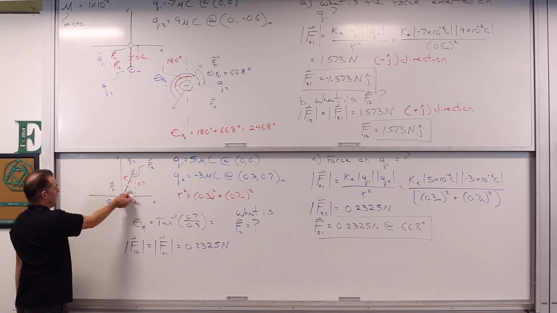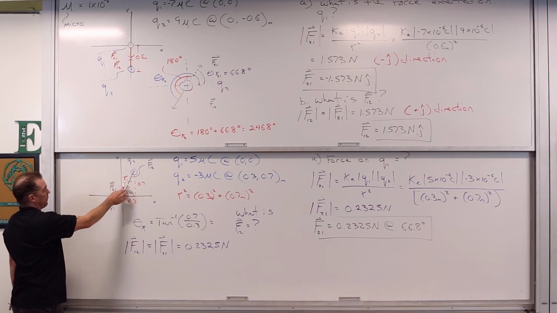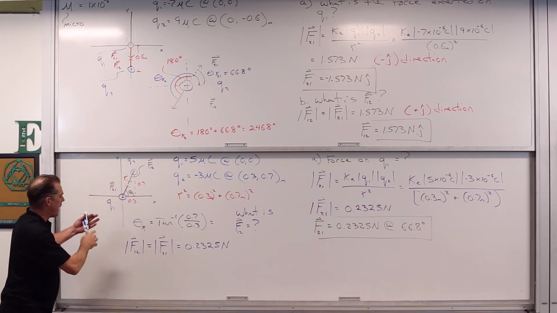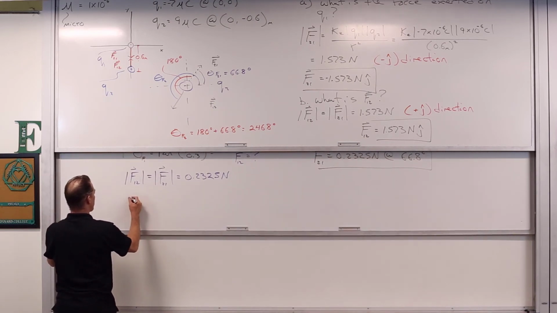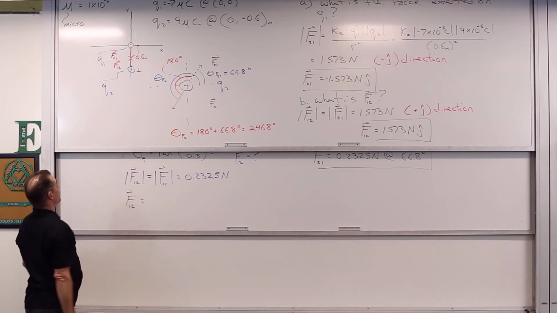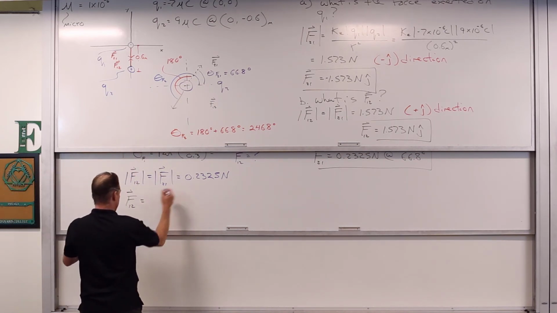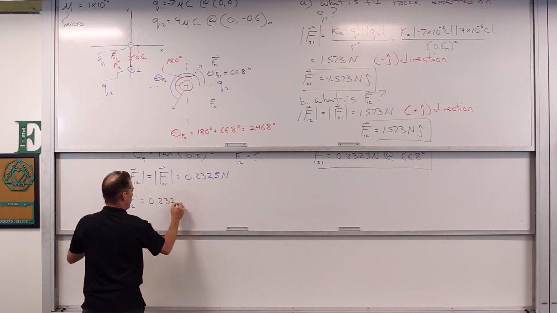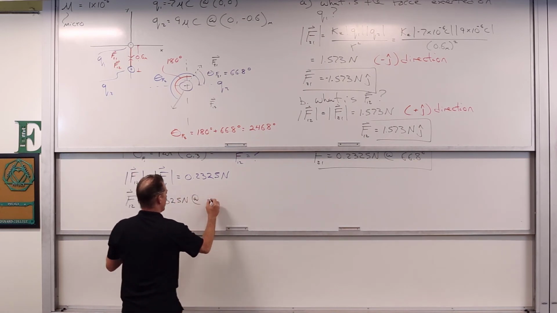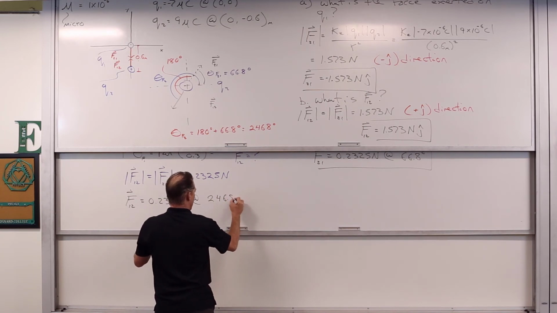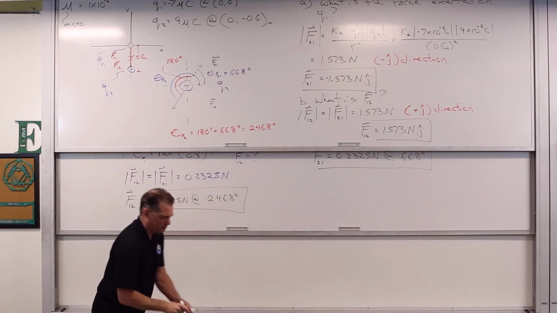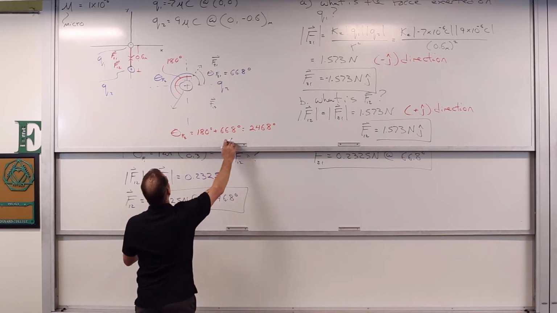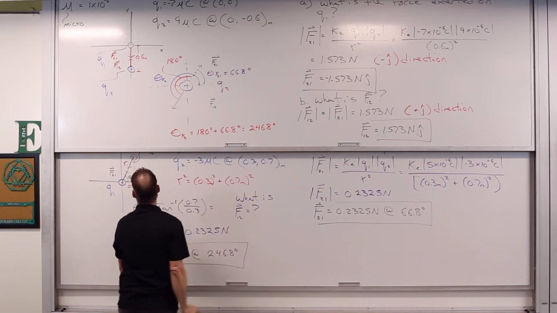Just like this one, it's in the first quadrant, so it seems reasonable that it's 66.8. It's always good to go back and look. But nonetheless, we've got ourselves this F12 hat, the force that Q1 exerts on Q2, is equal to 0.2325 newtons at 246.8 degrees. If we're doing three significant figures, you can round that up to 247, but I go ahead and keep the 0.8 there. And that's that.